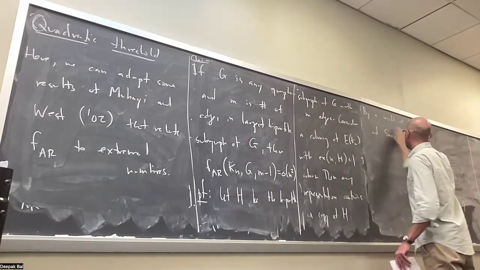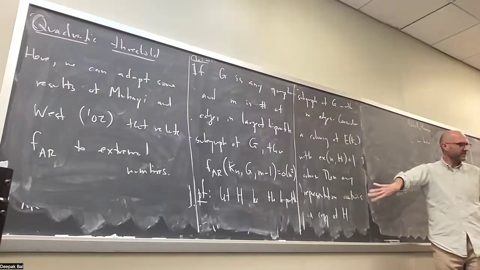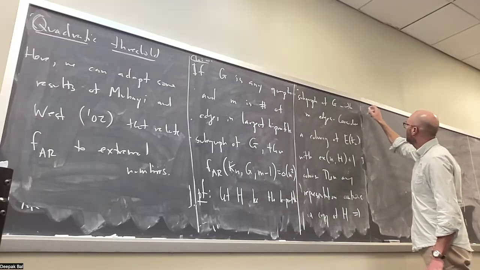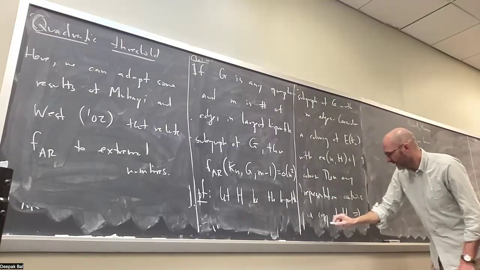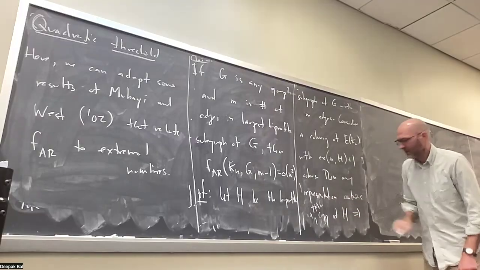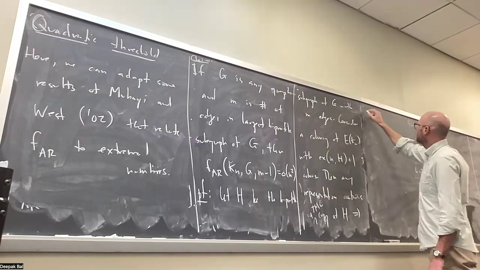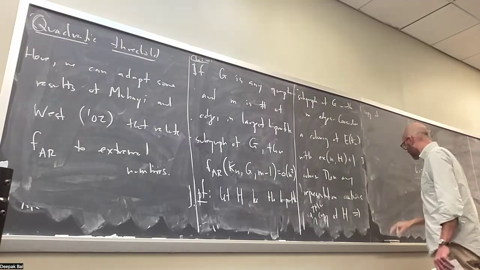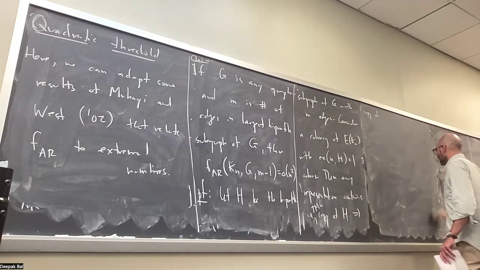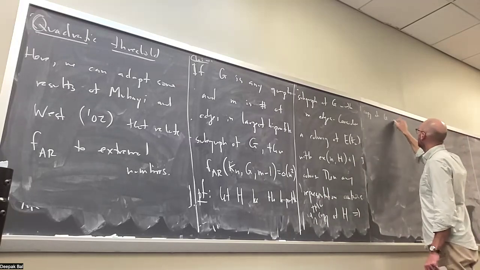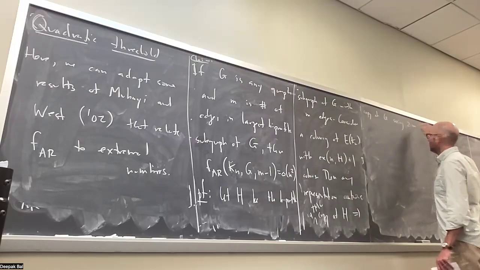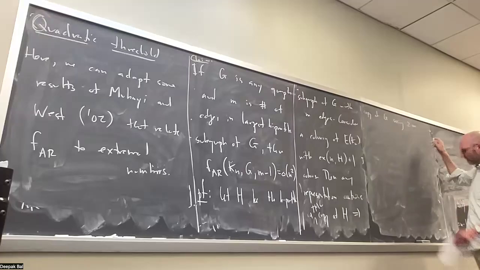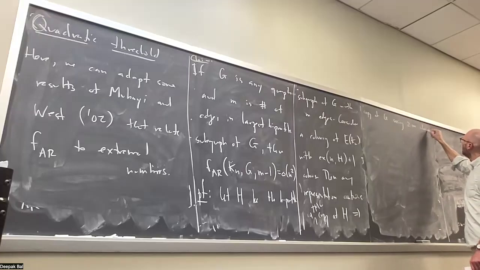And as soon as we have a copy of H, then we can just plop in the rest of G wherever we want in a monochromatic way, which implies a copy of, sorry, a rainbow copy of H, which means a copy of G at least. Is that right, Mubayi? Yeah.